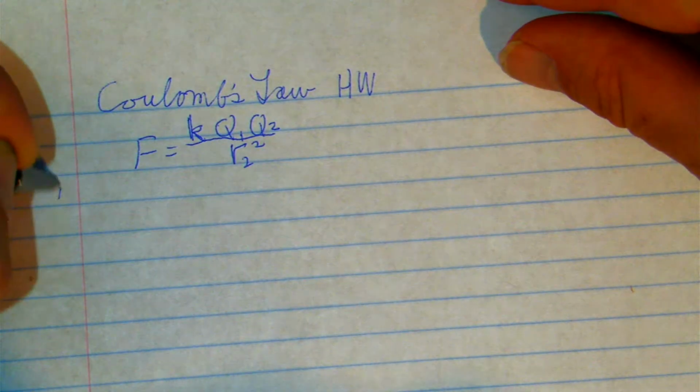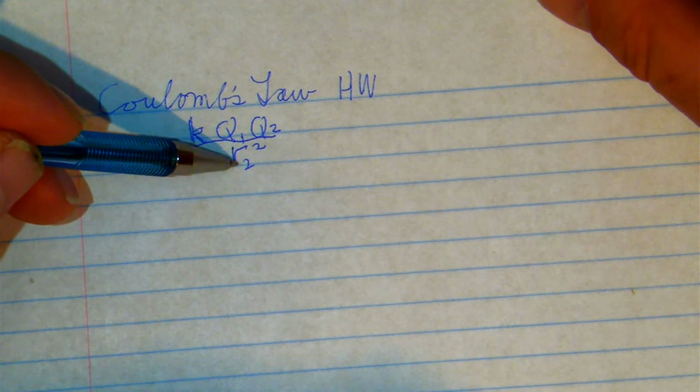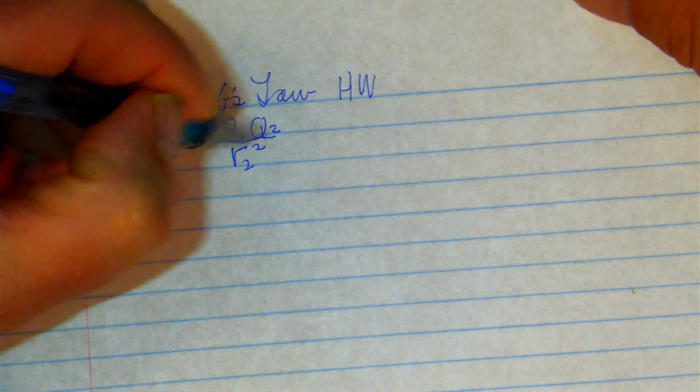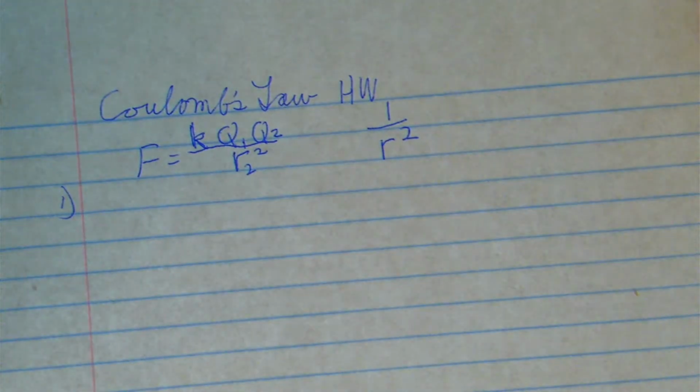So for number one, they ask, what happens to the force between two charges if the distance between them is tripled? Well, R is the distance between them, and it's in the denominator, and it's a squared quantity.